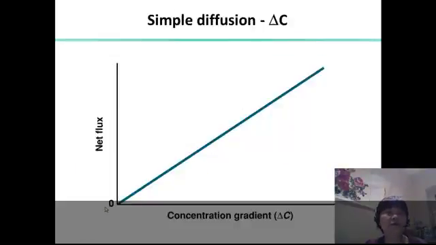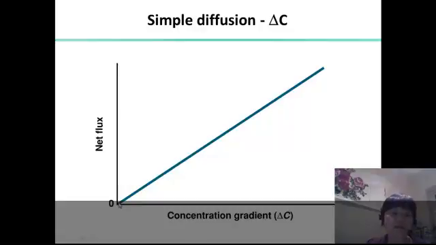Let's look at these four factors one by one. First of all is how the concentration gradient affects the transport rate in simple diffusion. We start with 0. If two sides have the same concentration, then the net flux, which is the net movement across the membrane, is 0. That means you have already reached the final state.